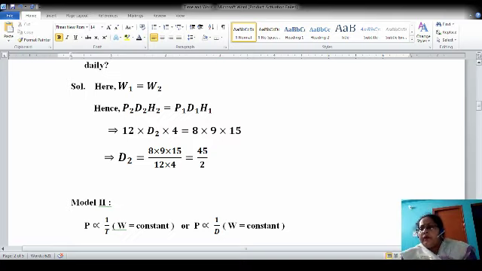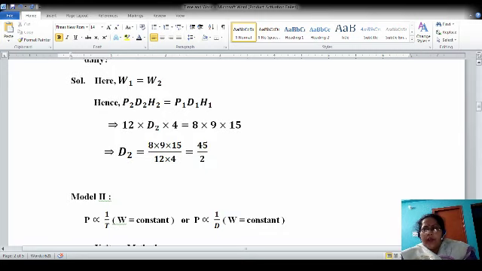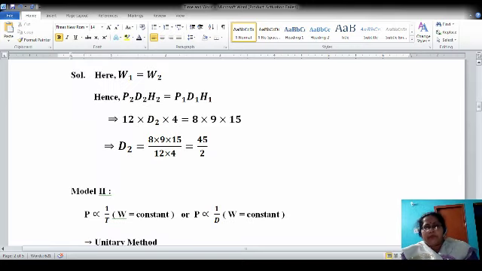So now we have a difference. In the first model we were looking at how work is proportional to the other parameters, and in this model, there are many problems fitting into this kind. The amount of work is constant, and P, the number of persons needed, is inversely proportional to the time.